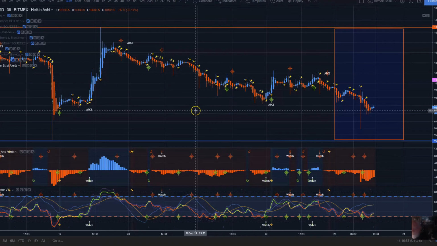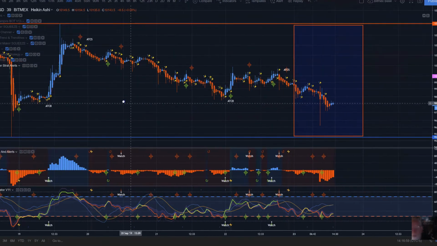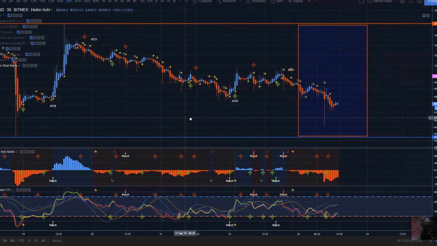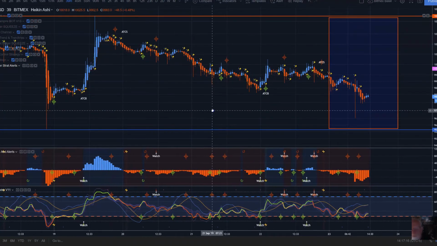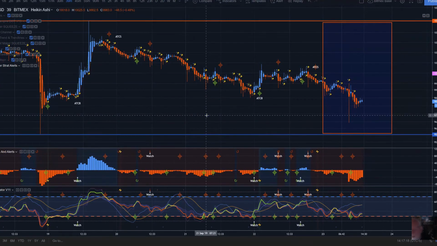Not every trade is a winning trade. Can't happen that way. You have to look at the averages over the course of time, whether it be a week or a month or whatever. You have to let it run.